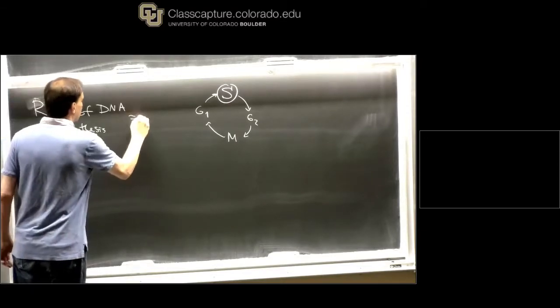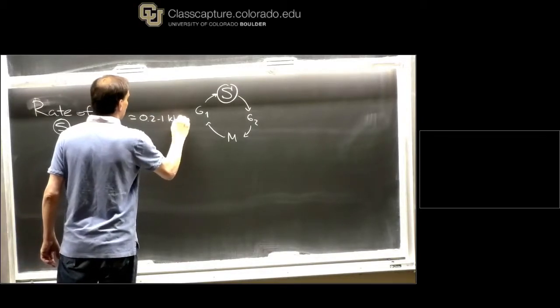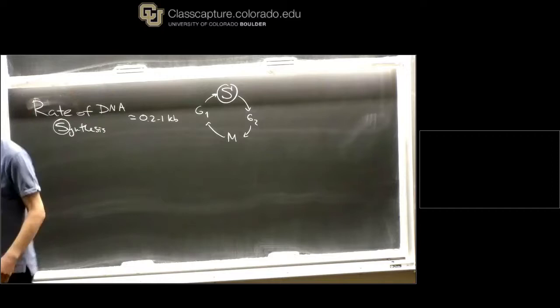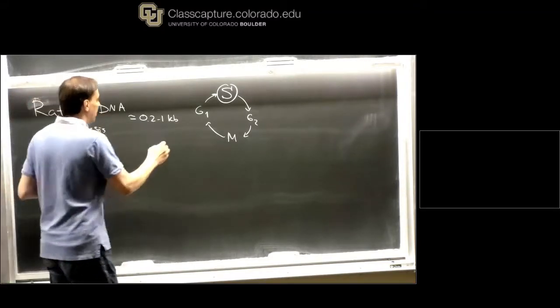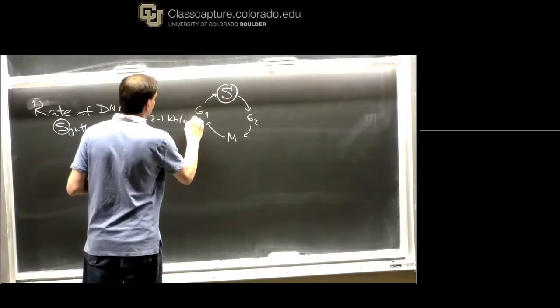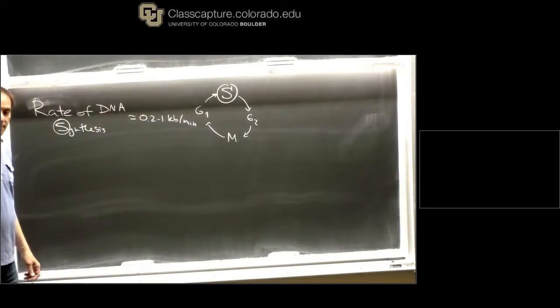This rate is about 0.21 kb per minute. How long will it take for the cell to copy its DNA? And now think about bacteria and eukaryotes.